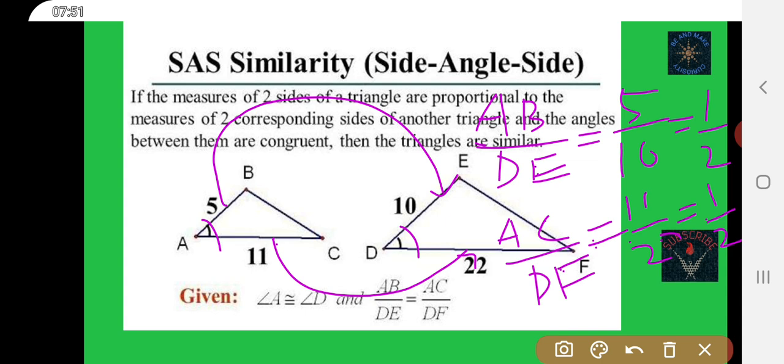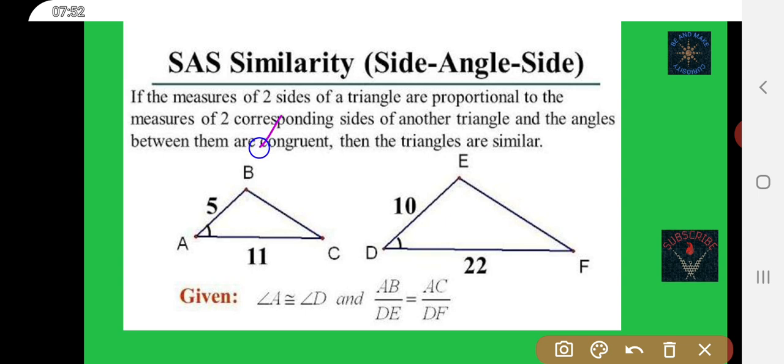If the two corresponding sides of two triangles are proportional and the included angles are equal, then we can say it satisfies SAS similarity criterion and the two triangles are similar.